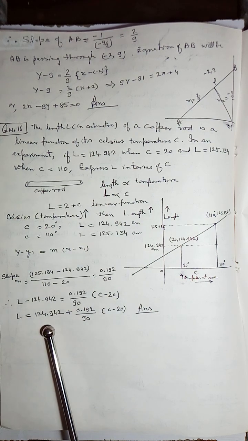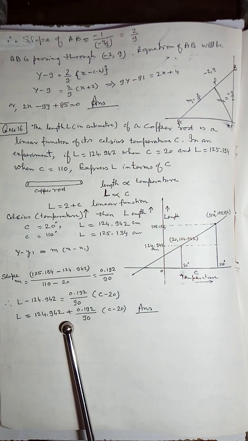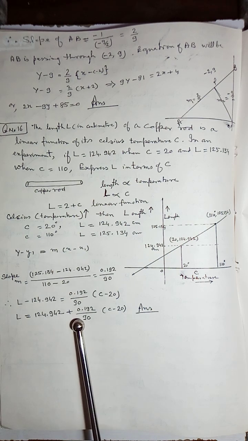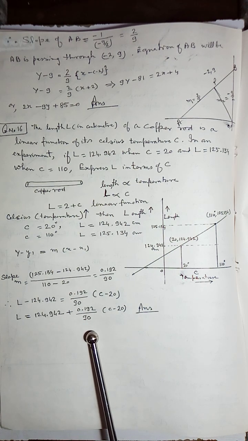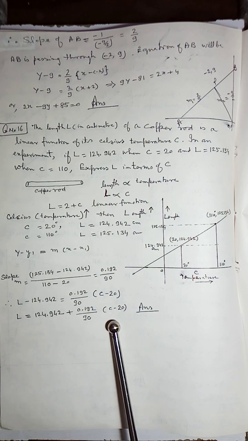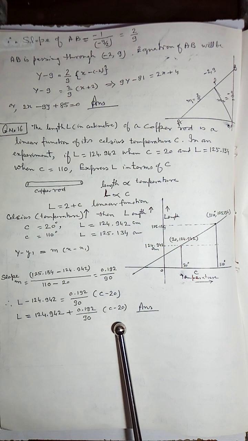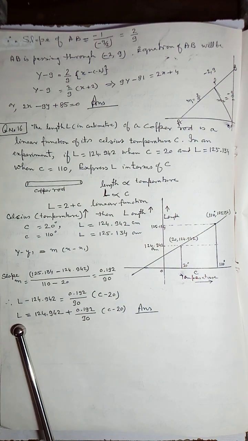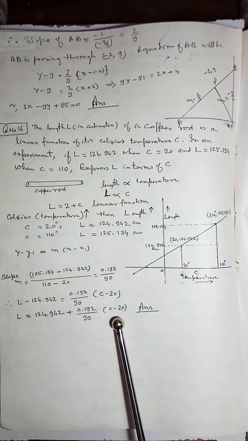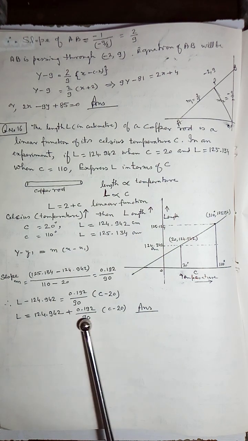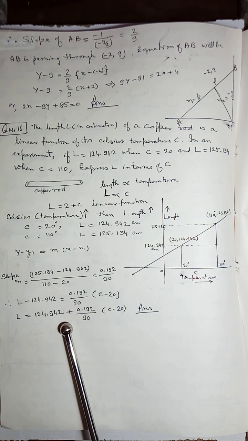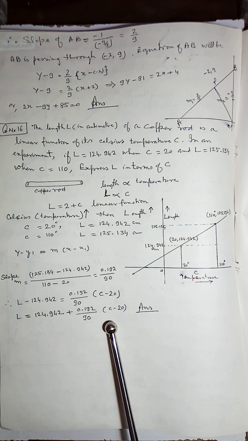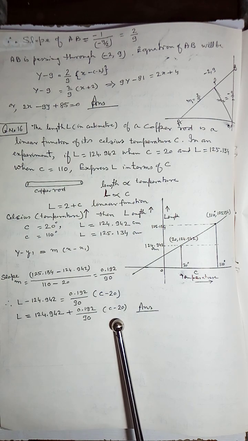Length L is equal to 124.942 plus, because here it was minus, transposing it becomes plus, 0.192 upon 90 into C minus 20, where C is in Celsius. And this will be the expression, meaning length has been expressed in terms of C. So L equals 124.942 plus 0.192 upon 90, this is the slope, into C, the Celsius temperature, minus 20.